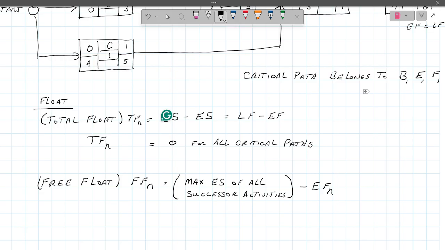So free float is the maximum early start of all successor activities minus the early finish of the activity.